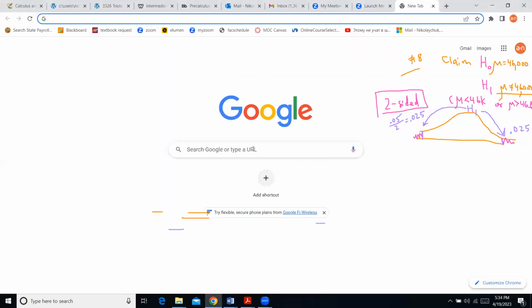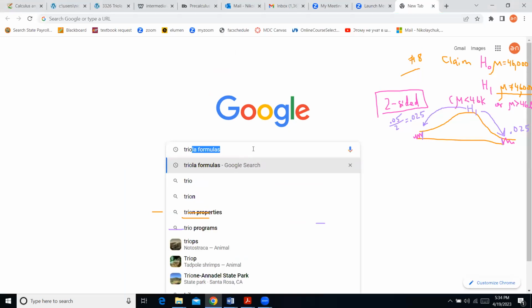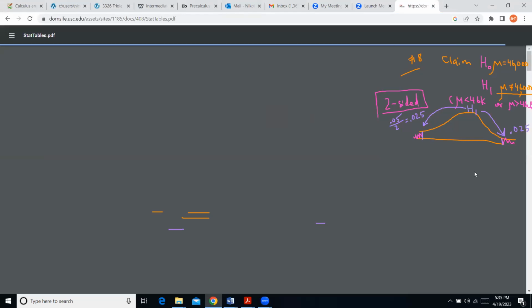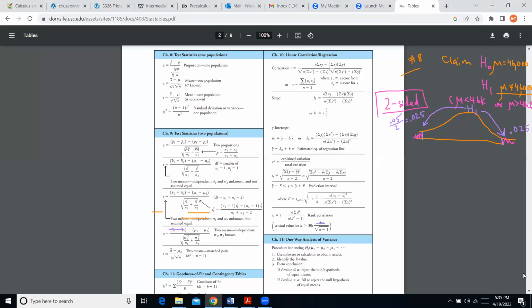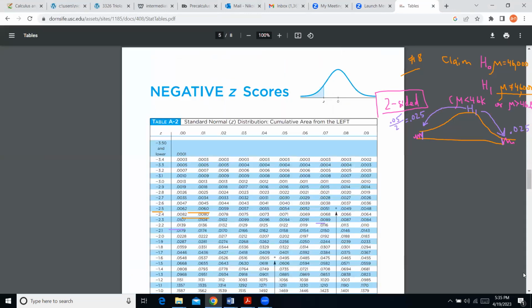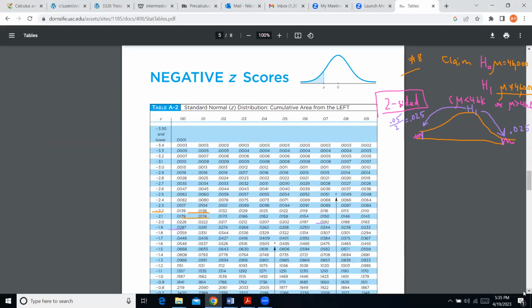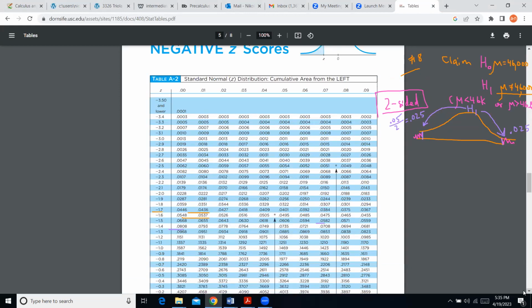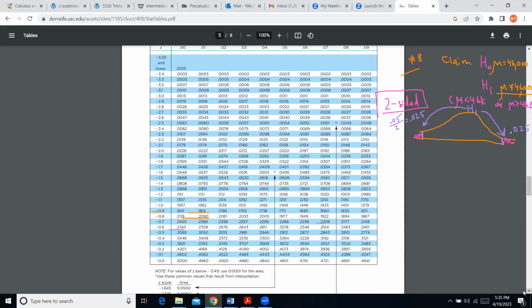All I need is just to type Triola formulas or Triola tables, click on the first choice, and go to the middle of these tables where we have those Z scores that I'm looking for. So I'm looking for 0.025 here, and in the table among the areas, I can see exactly that number 0.025. You still remember how we use tables?